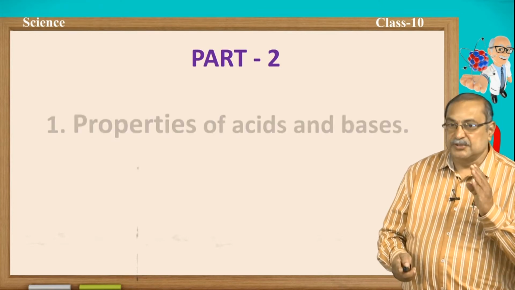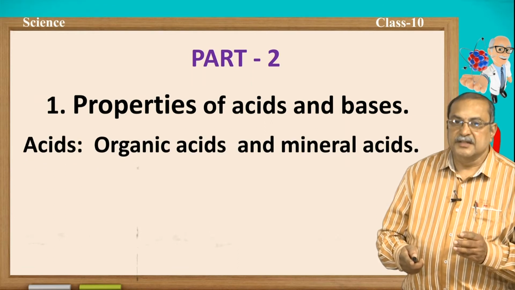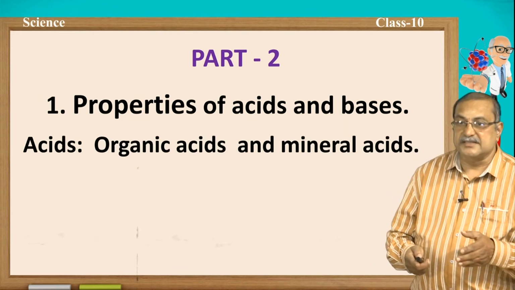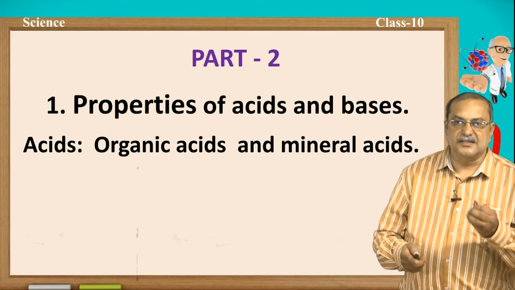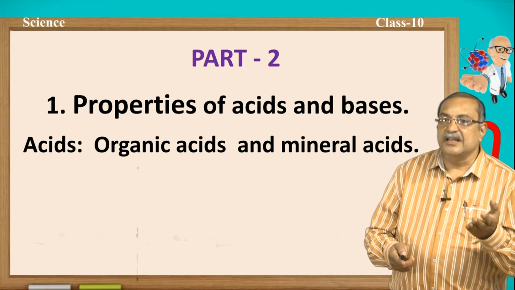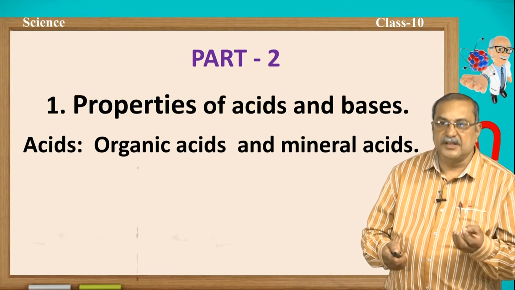Okay. So, in part 2, first we learnt about the properties of acids and bases. In that we learnt about organic acids and mineral acids. This is just a recapitulation of the part you have studied. Organic acids are natural acids which are available in fruits, ants, and some animals.